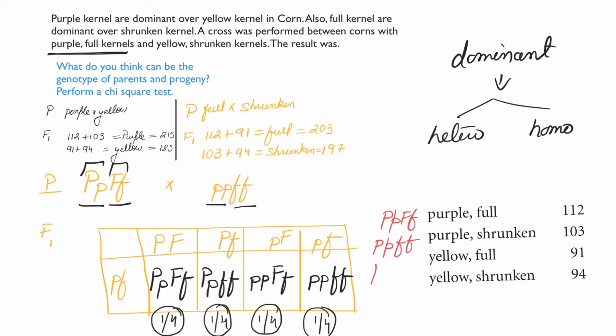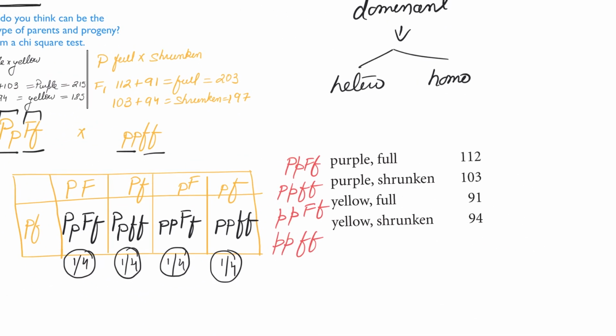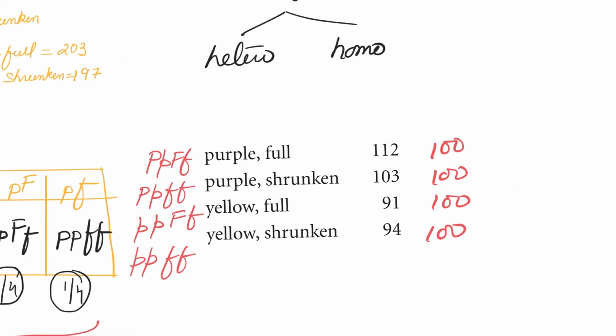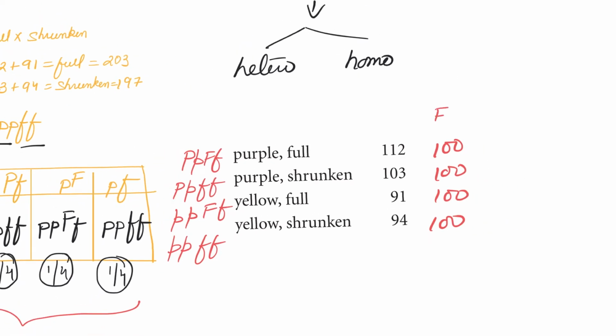Yellow and full, small p, small p, big F, small f. Yellow and shrunken, small p, small p, small f, small f, right? So because of this ratio, they should all have been 100. That means this is your expected value and this is your observed value.